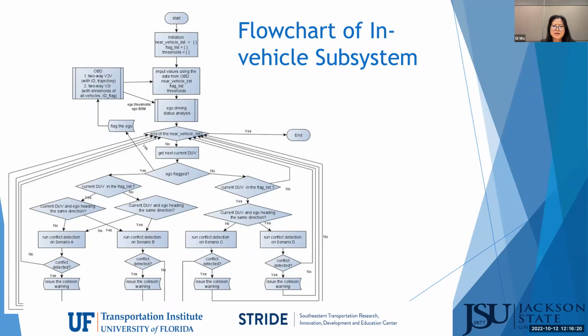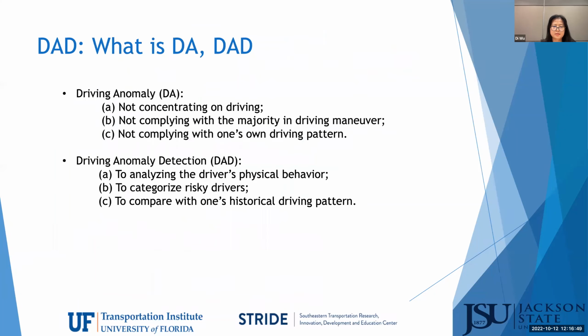If any abnormal vehicle is identified, then the in-vehicle computer will check for a conflict. If a conflict is identified, then a near crash warning will be generated. So in summary, our whole system has two modules. One is the DAD in the cloud, and the other is the CIM, which is in all the CVs. Next.